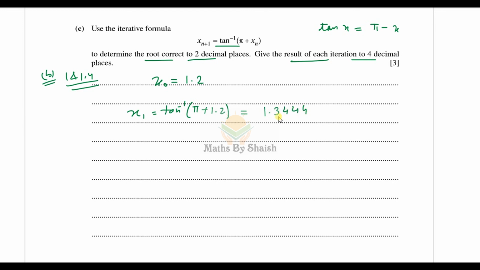It is coming 1.3444, to 4 dp we have written. In the same way x2 will be tan inverse of pi plus x1, and it is coming 1.3514. x3 is going to be tan inverse of pi plus x2, and that is coming 1.3518.